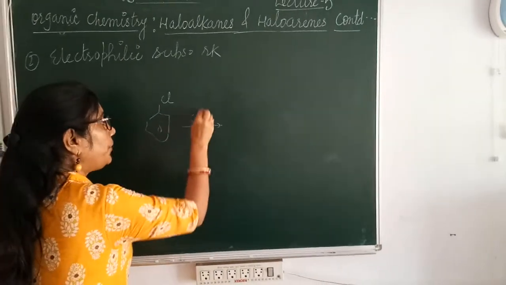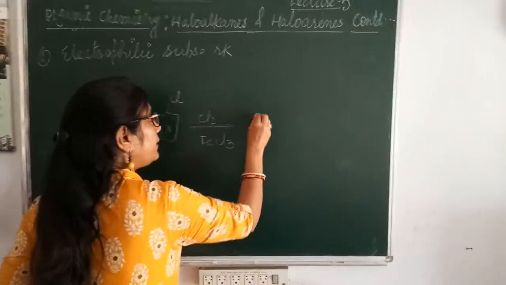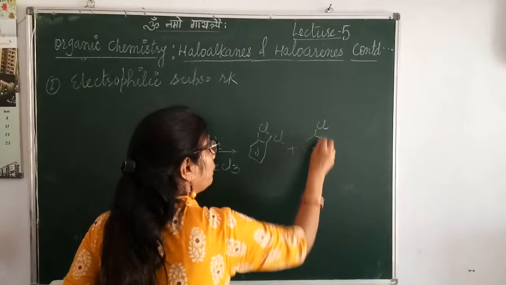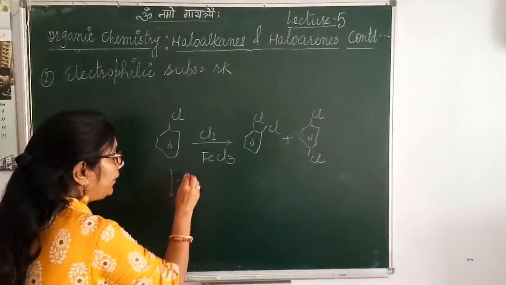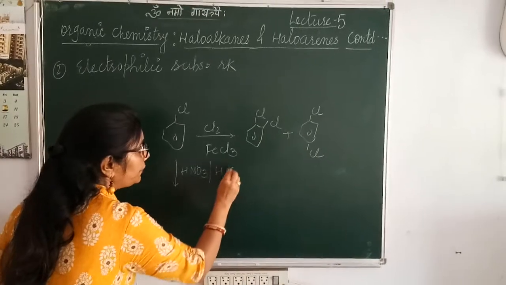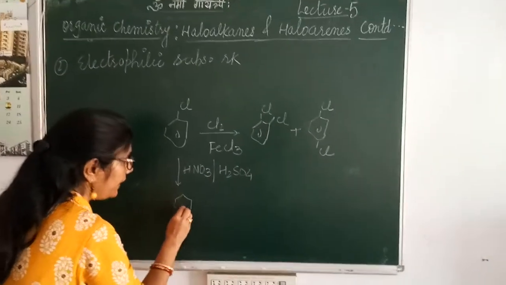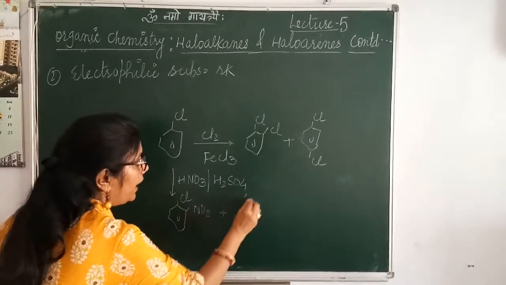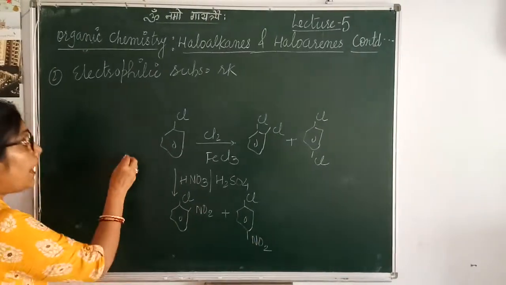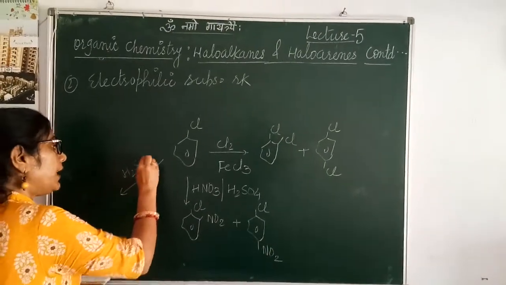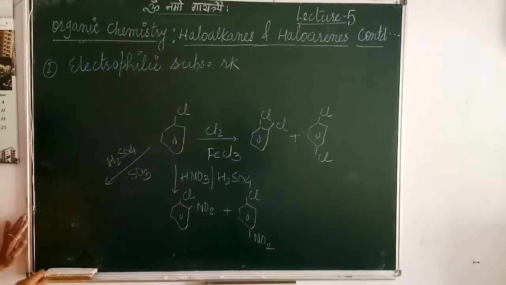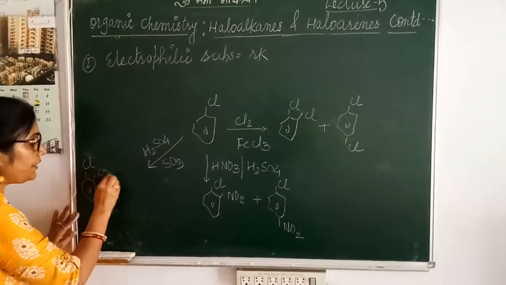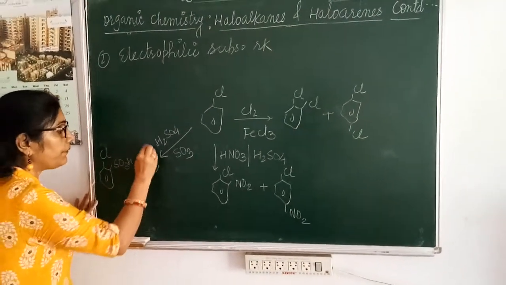So upon halogenation, we get ortho and para, and definitely para would be major. Upon nitration, HNO3 in presence of sulfuric acid, we get ortho-nitro and para-nitrochlorobenzene. Upon sulfonation, sulfuric acid in presence of SO3, that is nothing but oleum, we get SO3H attached at ortho and para.